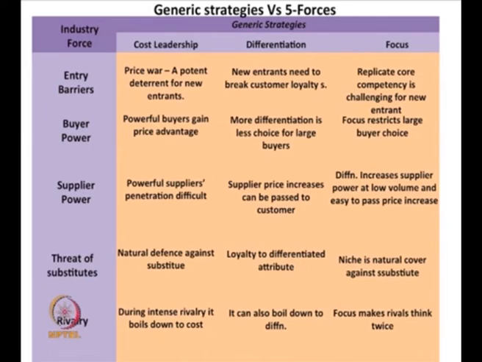And similarly, if my strategy is to focus, it develops a set of core competencies that is acting as an entry barrier, because these competencies cannot be easily delivered by competition.